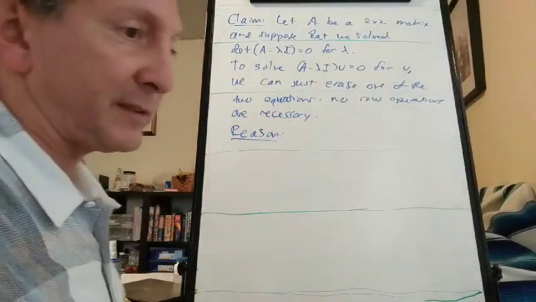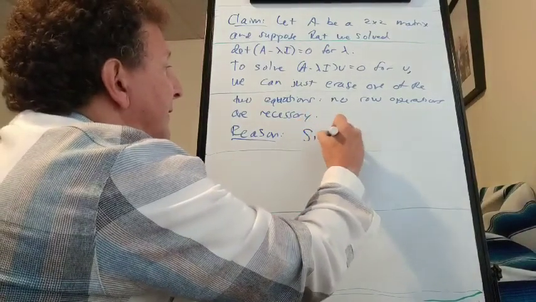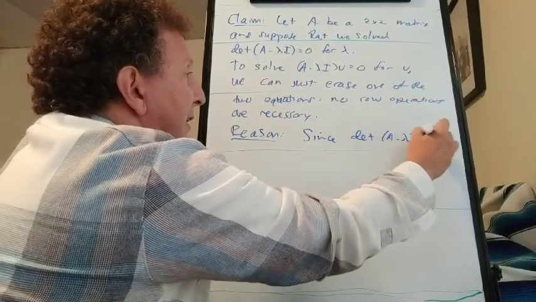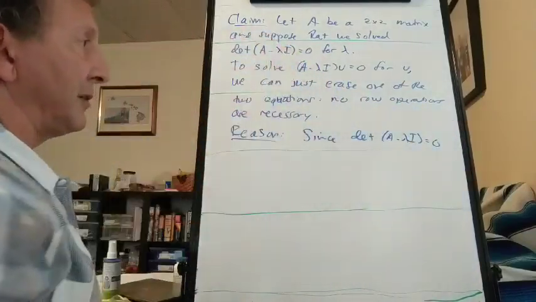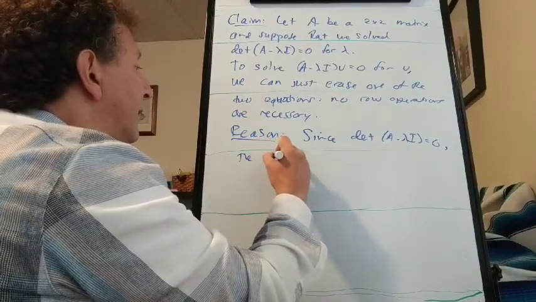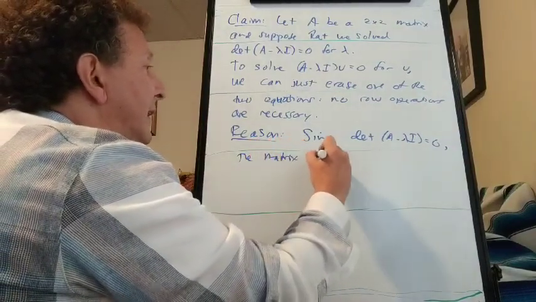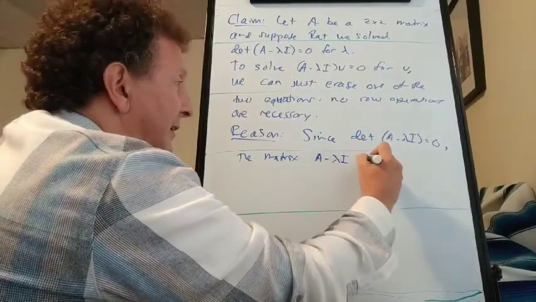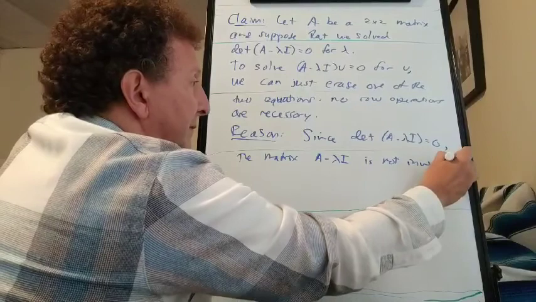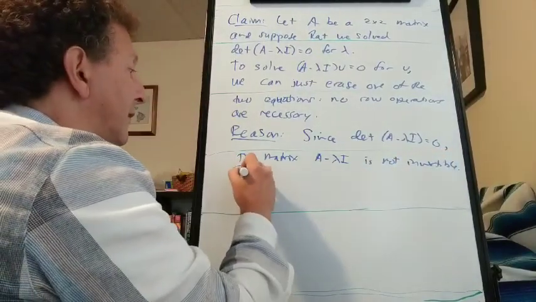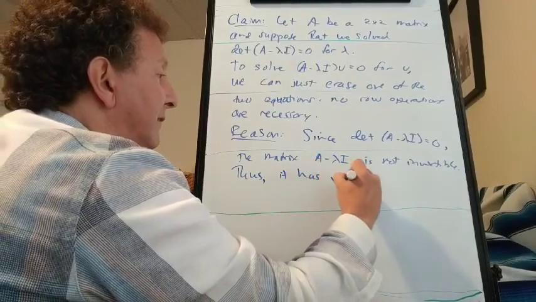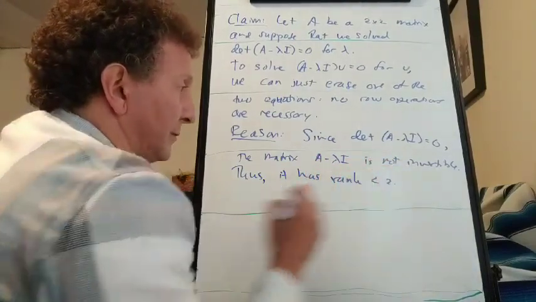And the reason is that since determinant of A minus lambda I equals 0, so that's how we got here in the first place, the matrix A minus lambda I is not invertible. So that means it has rank less than 2.